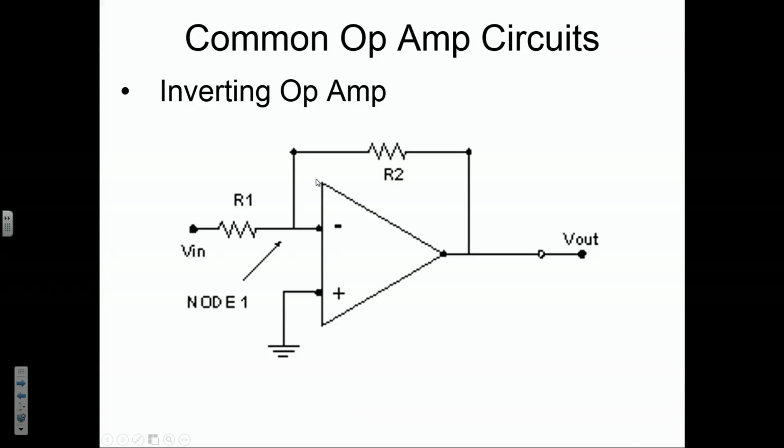This is the first other op-amp circuit. It's called an inverting op-amp. Let's look at it a little bit. Remember, you don't have your input power lines here. You just have your two input terminals and your one output terminal. So here, your non-inverting input is connected to ground. Your inverting input is connected to some input voltage through a resistor R1.